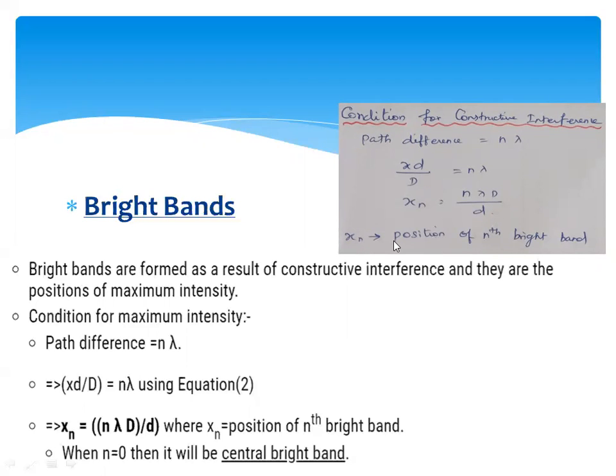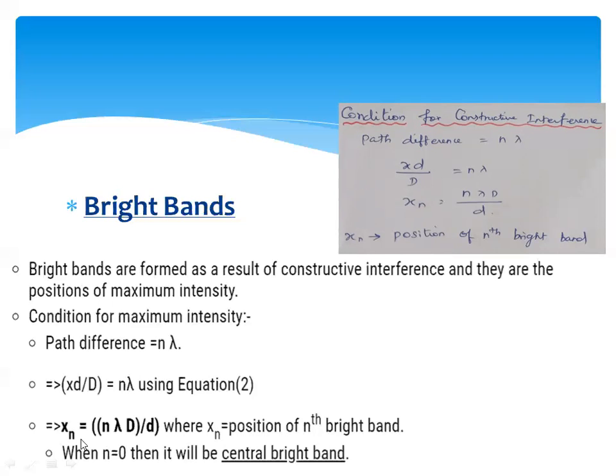This is for constructive interference, that is, how bright bands are created. xn is the position of the nth bright band. Listen carefully: in many numericals, using this formula only, we should find the fourth bright band, the sixth bright band, and so on. For a bright band we consider n lambda, and if it is a dark band, we consider (n plus 1 by 2) lambda. So go through this video clearly.